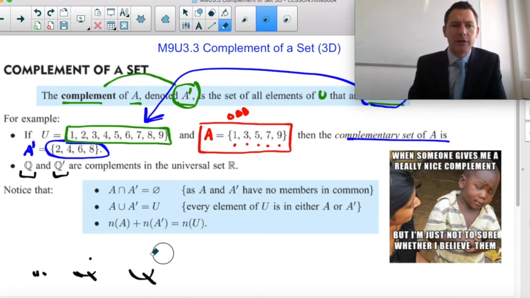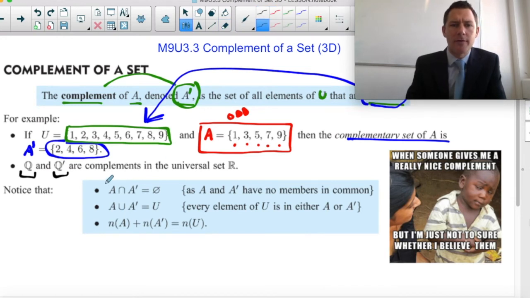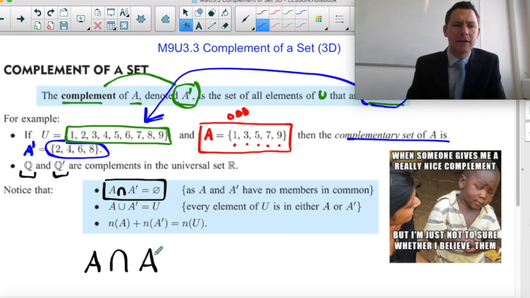So a couple little interesting pieces is that if you have the intersection of A and A prime, this is intersection. I think we've talked about that. It's what they have in common. So what's in A and also not in A, that nothing is there, is nothing.